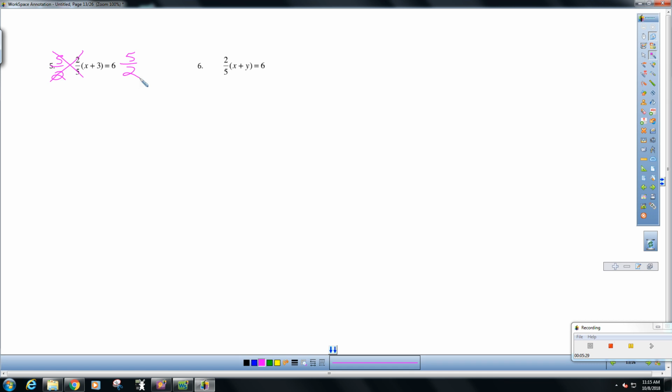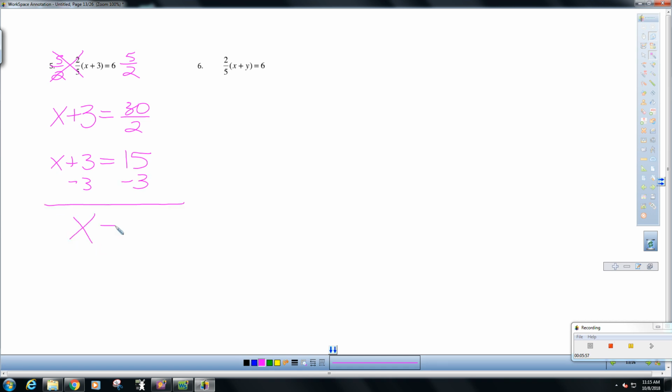But I want you to know that cancels the left side, and that gives us x plus 3 equals 30 divided by 2. 30 divided by 2 is just 15, so always make it as simple as you can. Now we're going to subtract 3. And you get x equals 12.